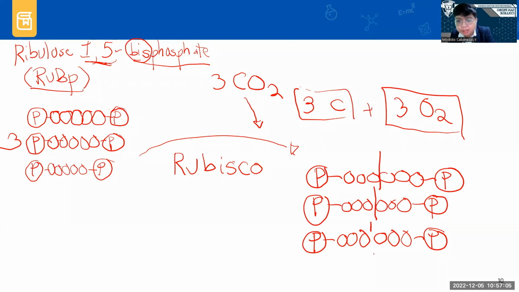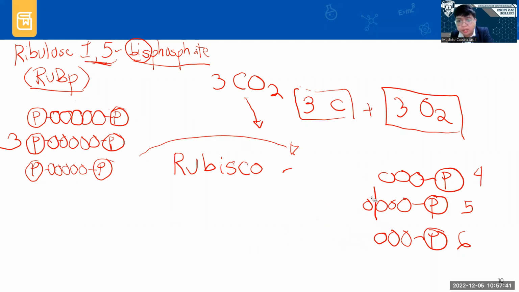Yan. So, ihati lang natin yung molecule natin. And you can see now that they have 1, 2, 3, 4, 5, and 6. So we now have 6 molecules of, yan.